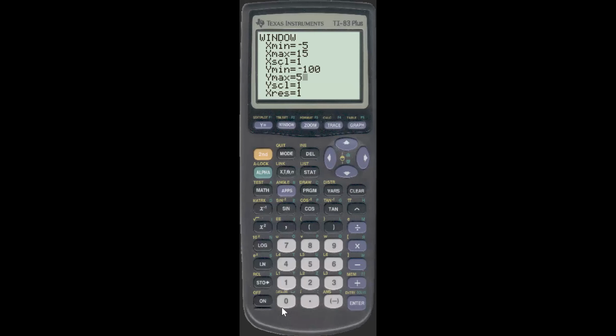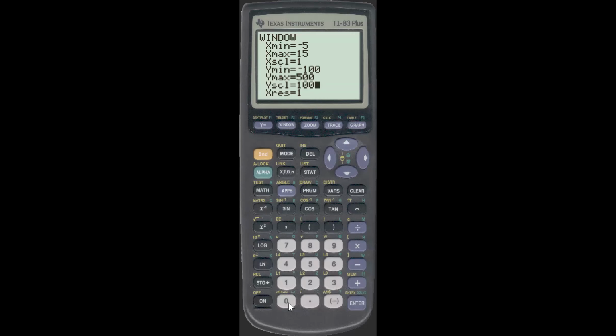So click window. Yes, window, sorry, not zoom. X min is -5, and then you're going to put these numbers in. X max is 15. XSCL is the scale, where the tick marks go. I'll just keep it as one.